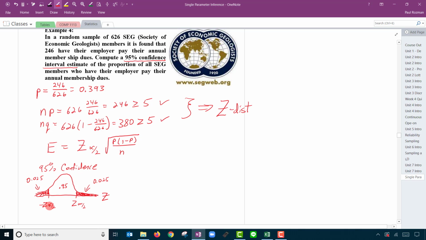Looking at 0.025 in our negative Z table, we get negative 1.96 and positive 1.96. That's our Z score that separates what's likely to happen from what's not so likely. So we'll use that as our factor. Go through our calculation here.